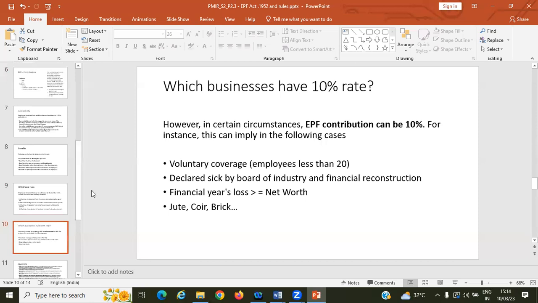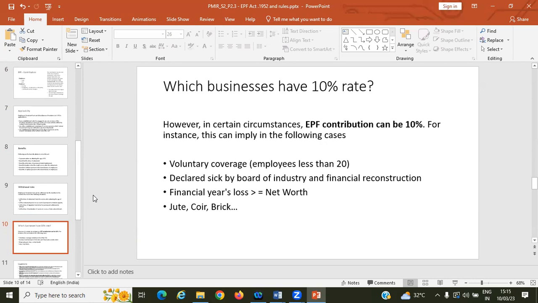And in some cases the contribution is 10%. If the company is declared as a sick industry or is making loss, or the loss is heavy, more than their net worth, and there are some industries mentioned in the Act: jute industry, beedi industry, brick manufacturing.